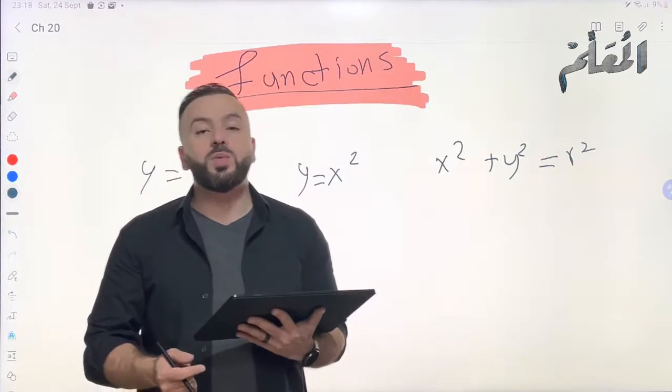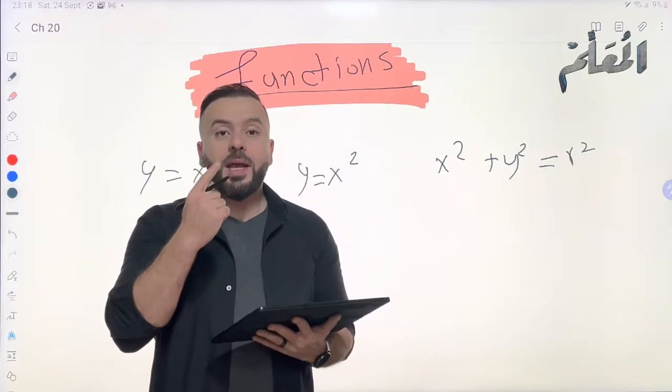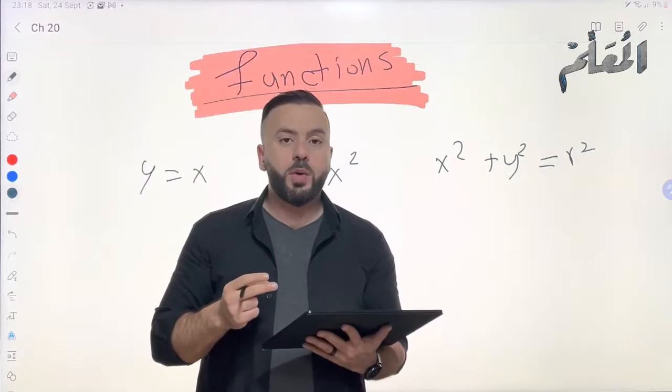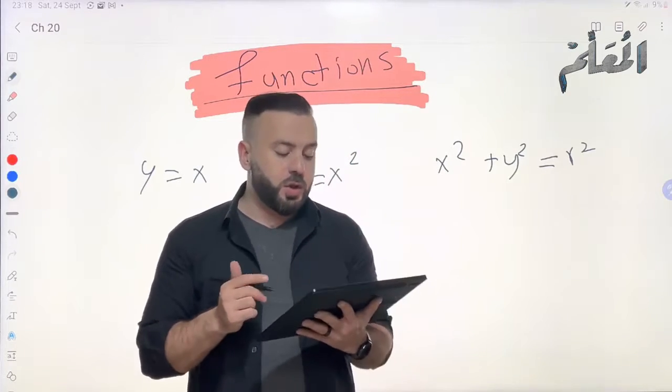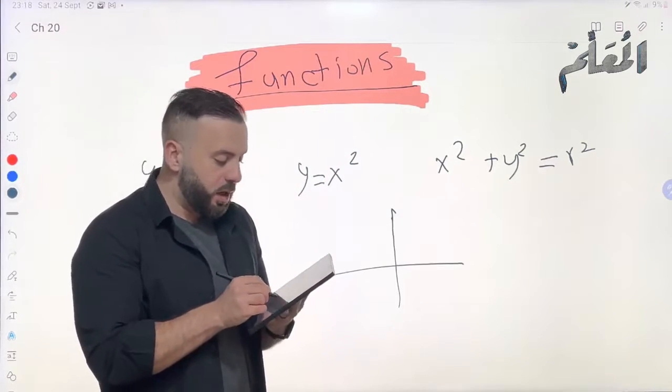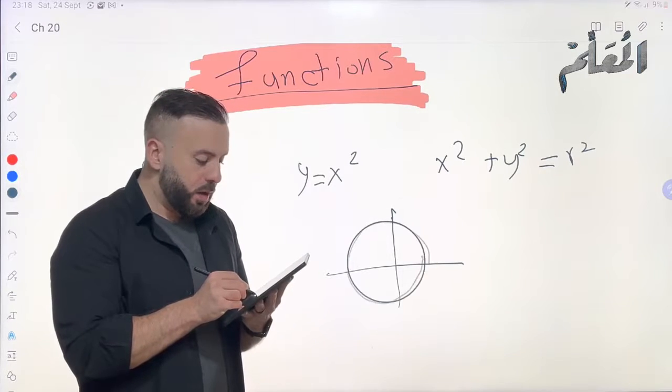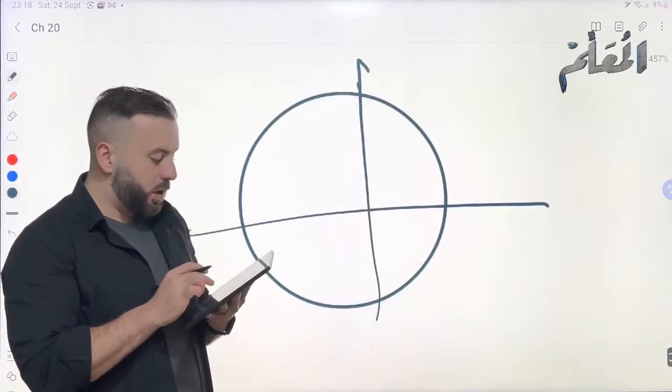But the case which is not accepted is when one x gives me two y, two outputs. This is not considered a function.